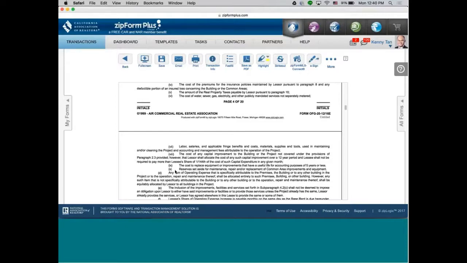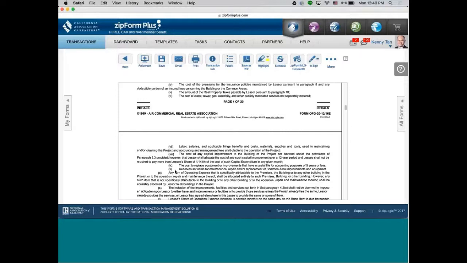Whereas in the case of a net lease, the tenant gets a bill for base rent, but the tenant also gets a separate bill for operating expense, regardless of whether there's an increase or no increase.